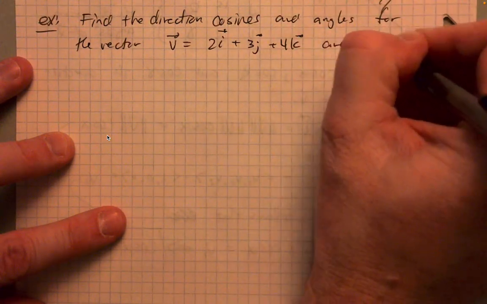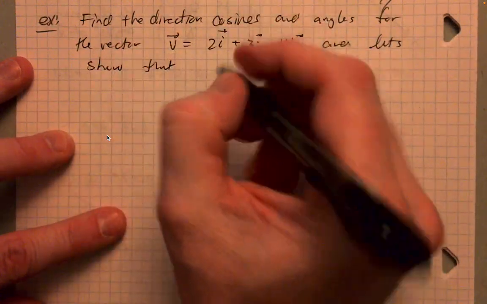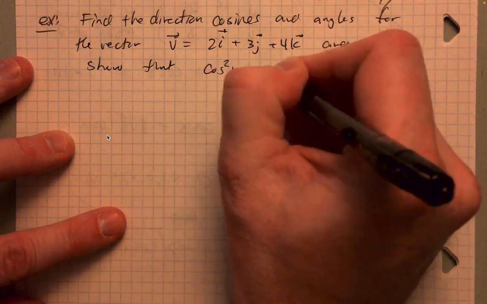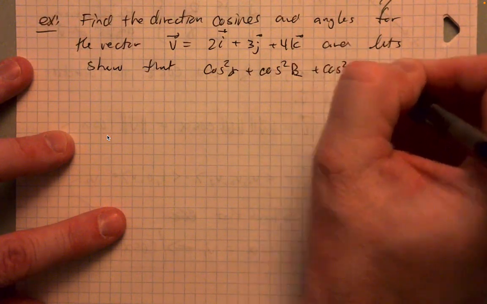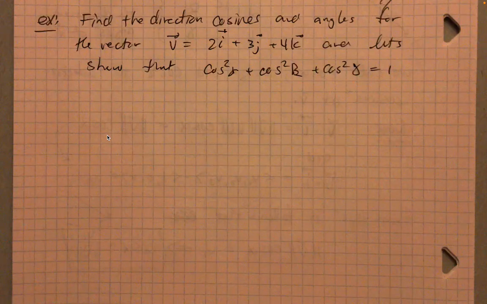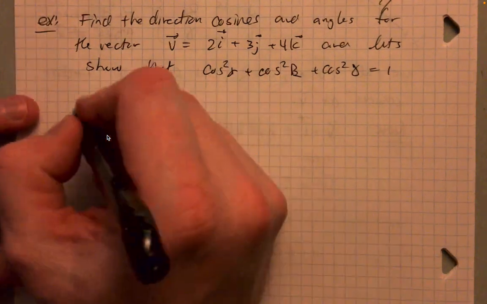And let's show that cos squared alpha plus cos squared beta plus cos squared gamma equals 1 for this particular vector and its direction cosines. The first thing we're going to need is the norm of v.